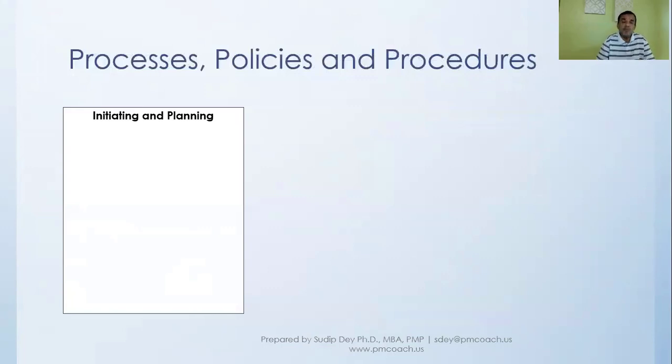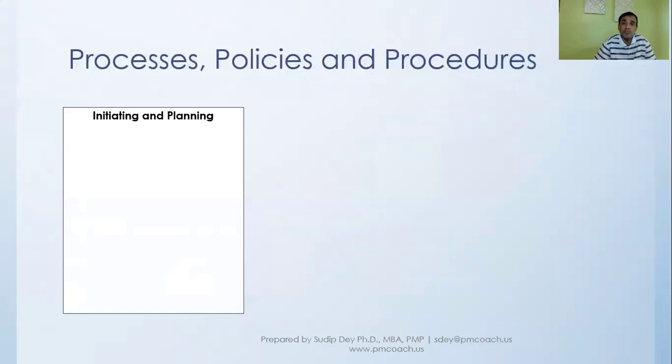Remember this: when we're talking about initiating and planning, executing, and closing, we're not talking about the process groups that we'll be discussing. We're talking about the phases of the project, the stages as the project moves from one phase to another. Now let's look first at the initiating and planning phase.